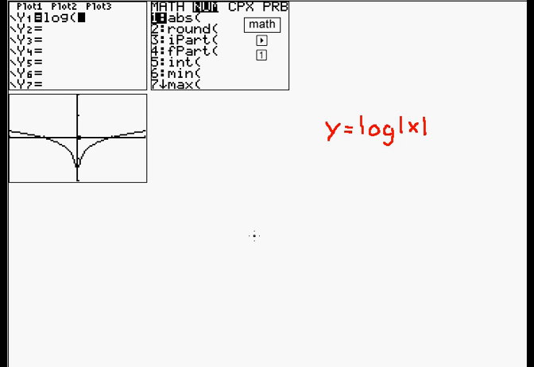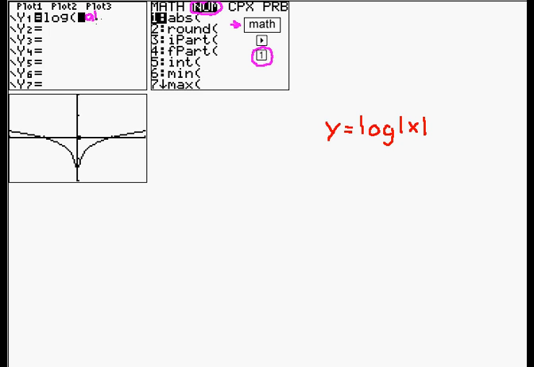Now to do the absolute value of x, you'll need to hit your math button, and then move over so that you are on NUM, and then you can press the number 1, and that's the absolute value.